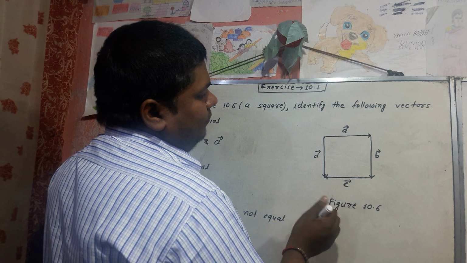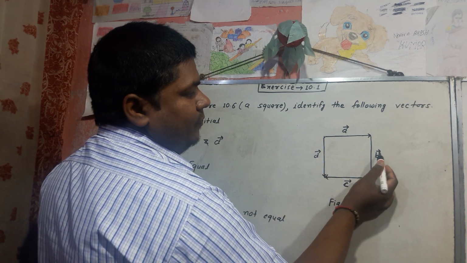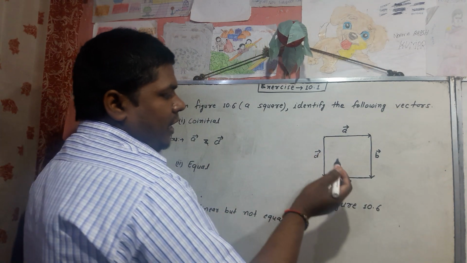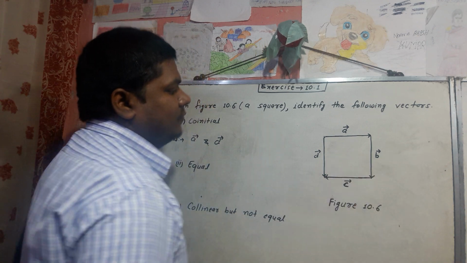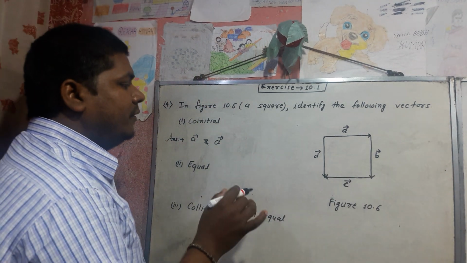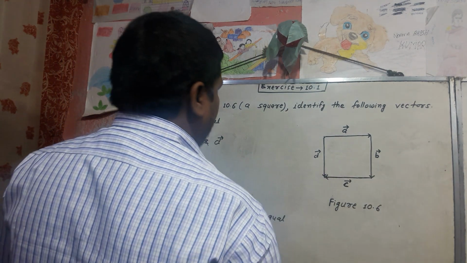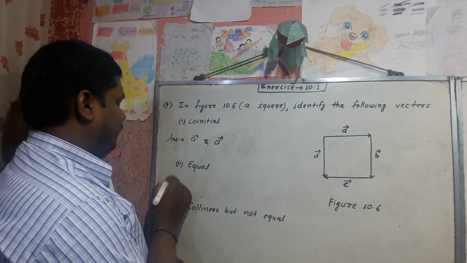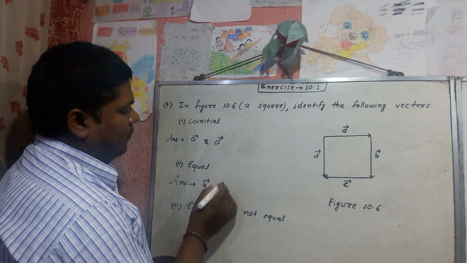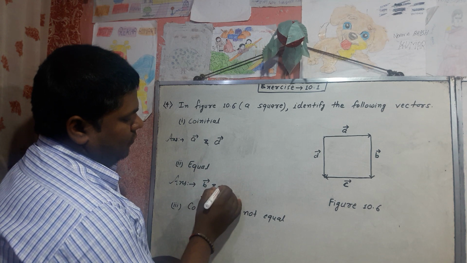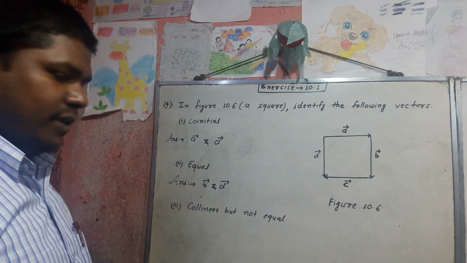In this figure we see B vector and B vector have same magnitude and same direction. So in this given figure, B vector and B vector are equal vectors. This is your answer of equal vectors.